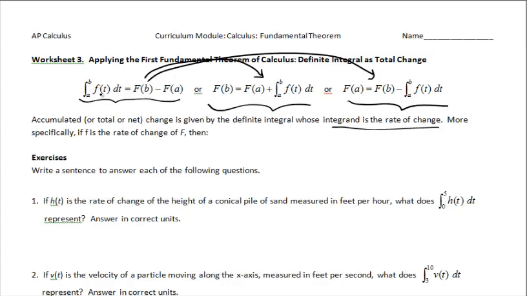This is a rate, this is a derivative. It doesn't have that nice little prime notation, but somehow in context, we are told that f of t is a rate of change. So more specifically, if f is the rate of change of uppercase F, then these up here hold true. And that's all I meant by then.